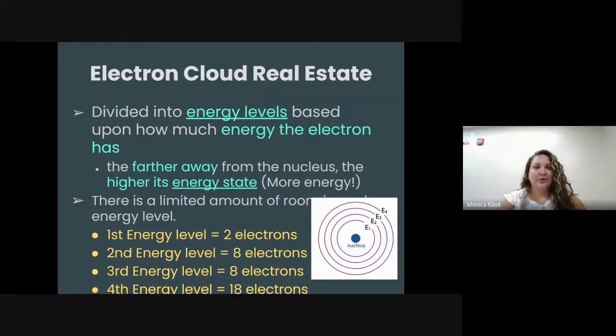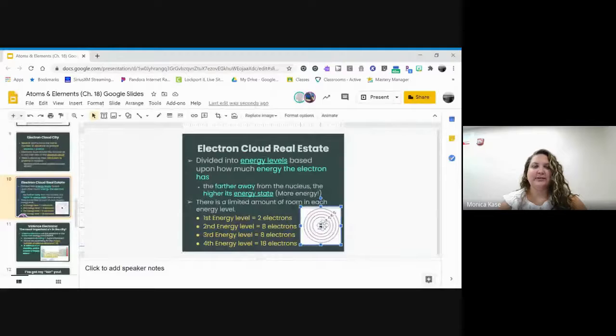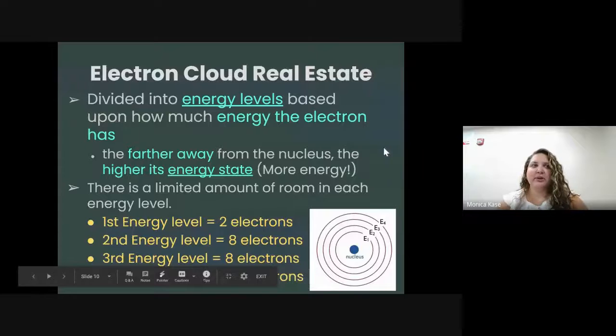All right, so the real estate for our electron cloud is divided into energy levels based on how much energy the electron has. So the further away from the nucleus, the higher its energy state, the more energy it will have. There is a limited amount of room in each energy level.